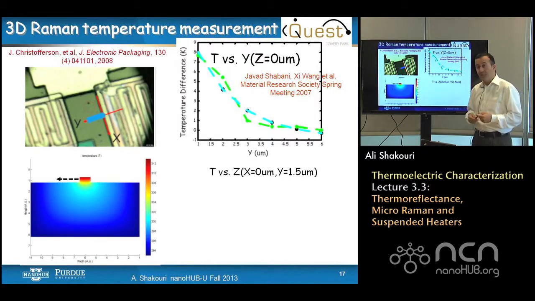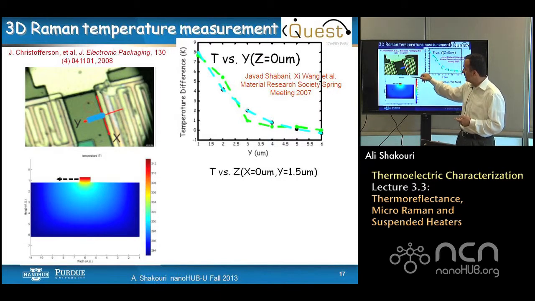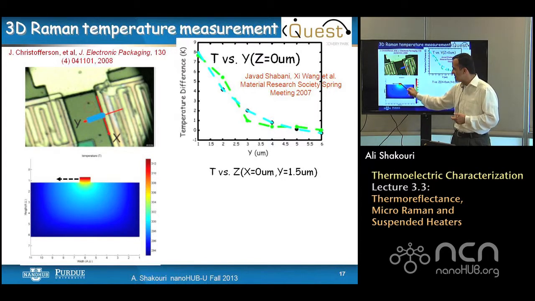Here is an example with our, again, toy micro devices, how it's done. In this case, here you have a micro heater, and we are scanning from near the device to away. Here is a simulated temperature profile of the microheater, and we are scanning from the surface from next to the device a little farther away.